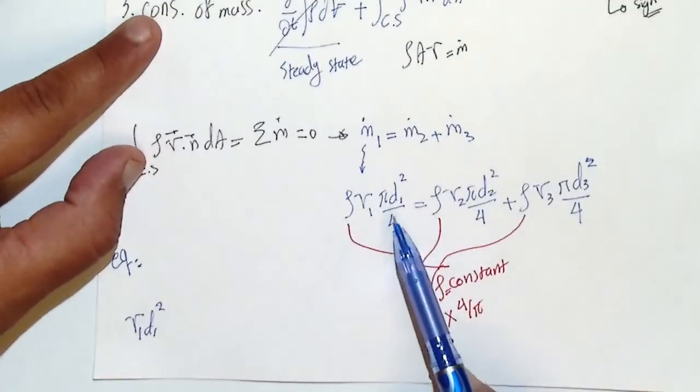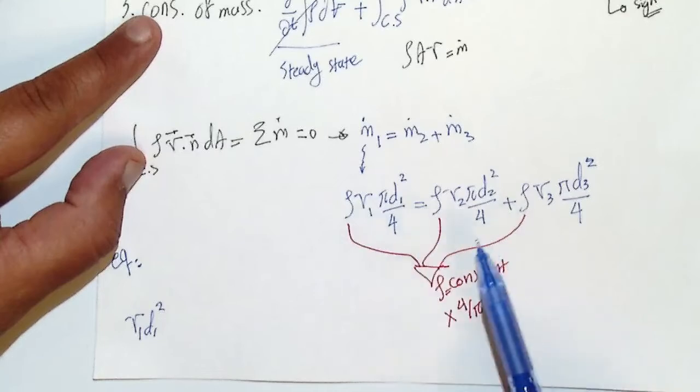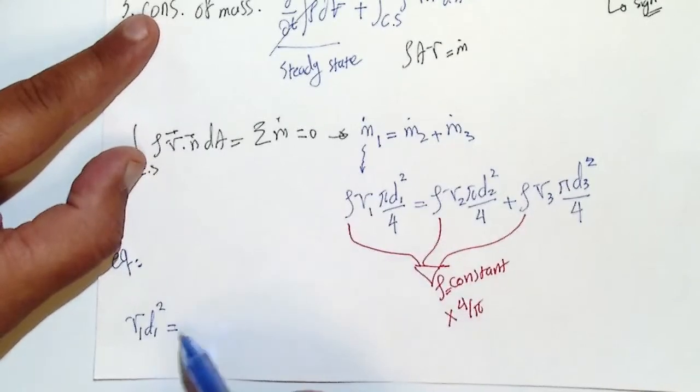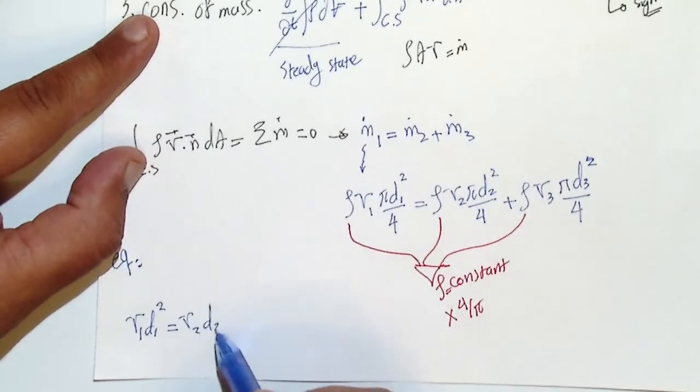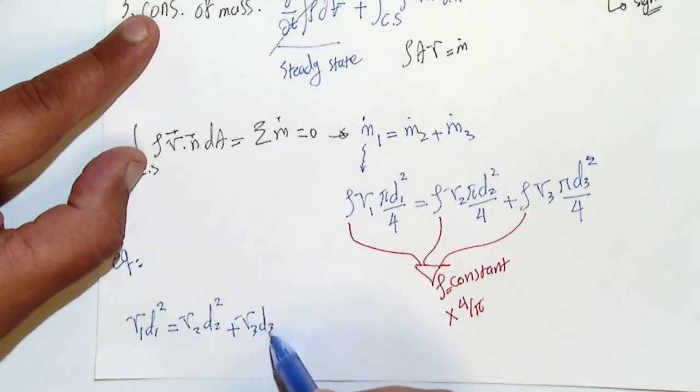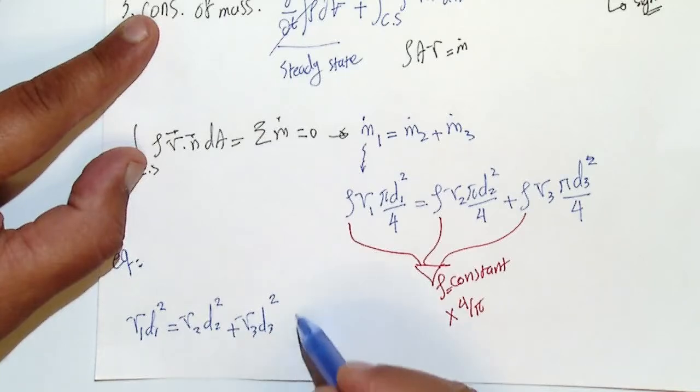Here we cancel out pi over 4 and also rho from each side. Then it should be equal to V2 d2 squared plus V3 d3 squared. Okay, this is our equation 1. Let's keep it here.